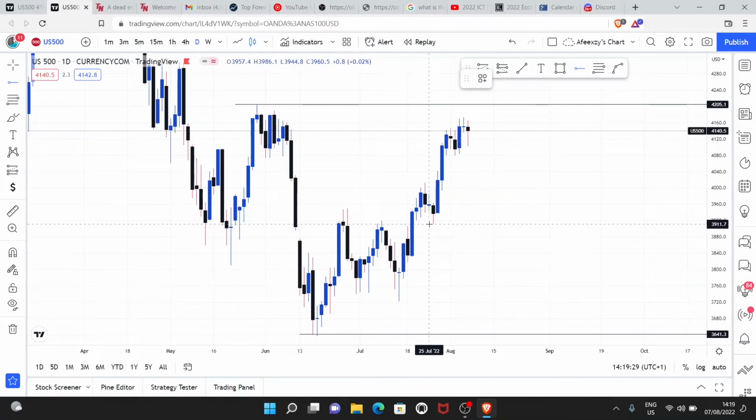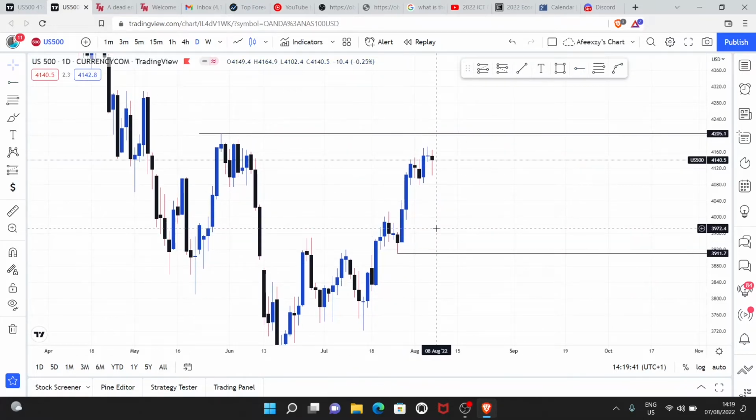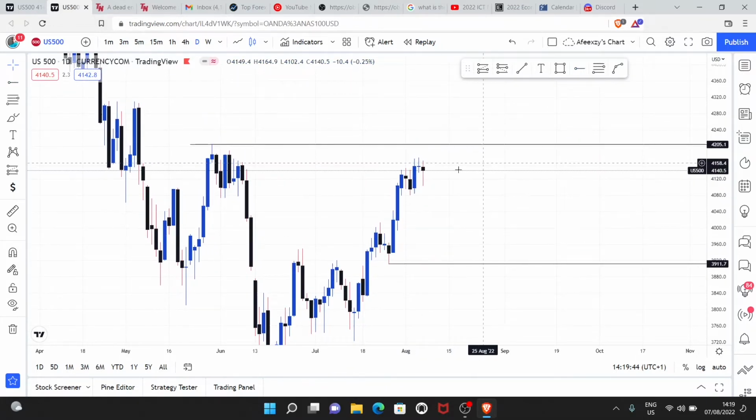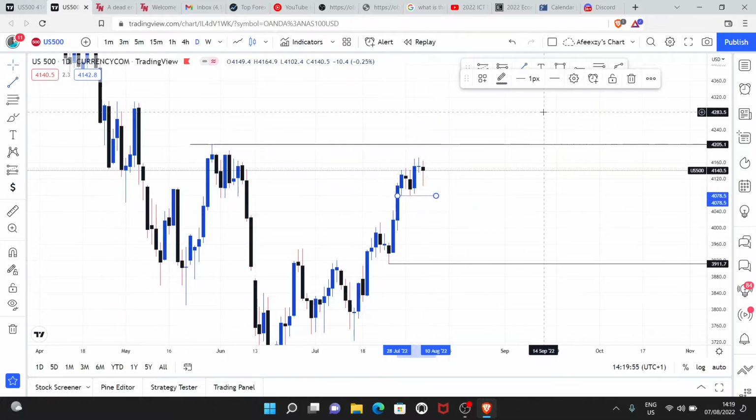I'm watching this zone here. Then this zone here. There's this fair value gap here. This fair value gap here.